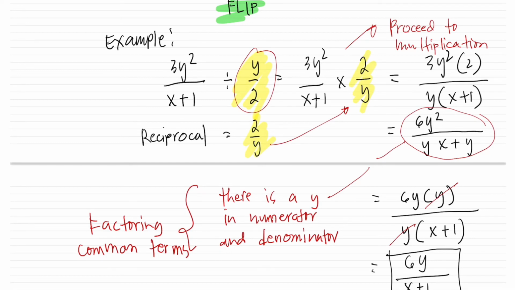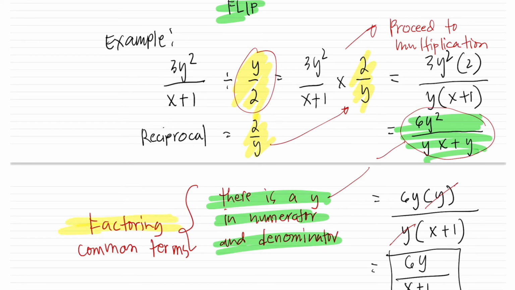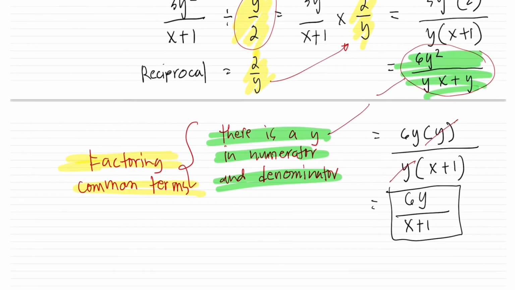Now we don't settle for this because there is a y in the numerator and denominator, so we use factoring. We factor out common terms, and therefore our final answer is 6y over x plus 1, because we get rid of this y here, since they are the same.